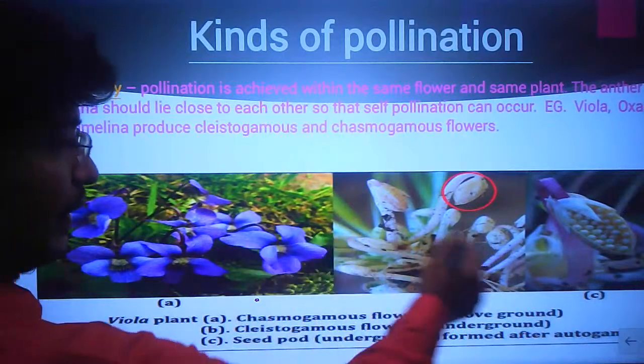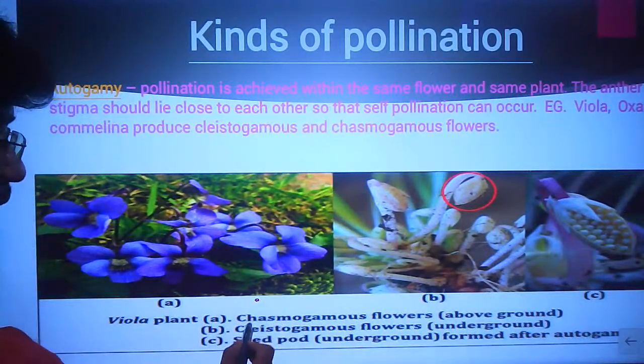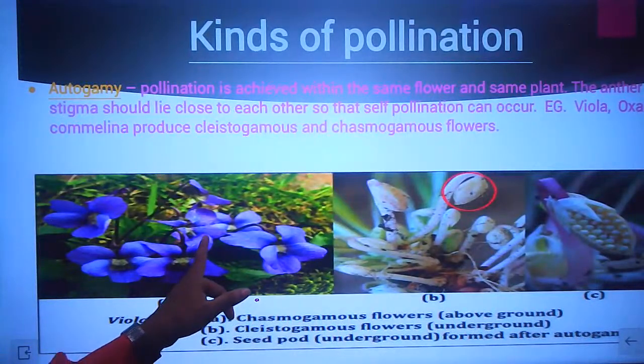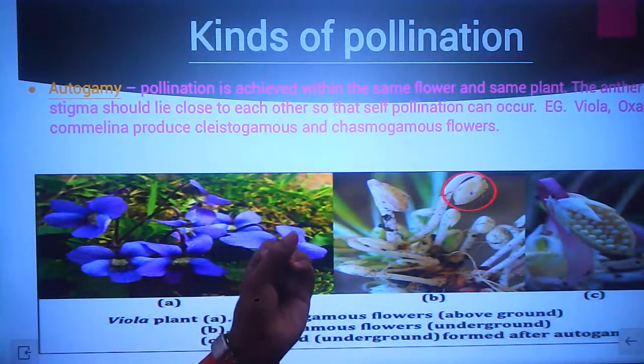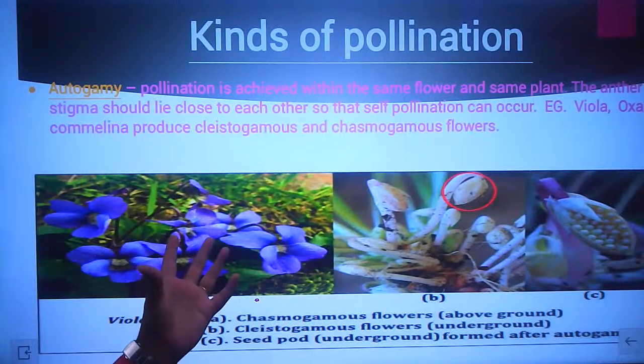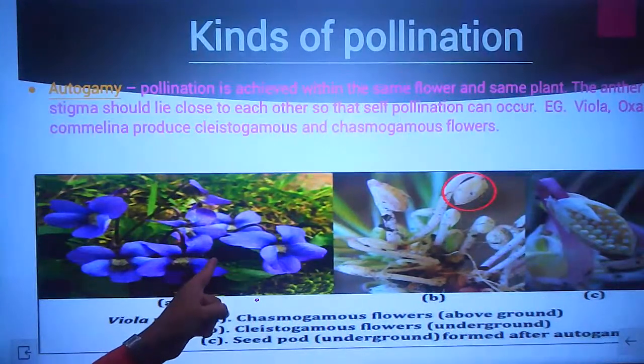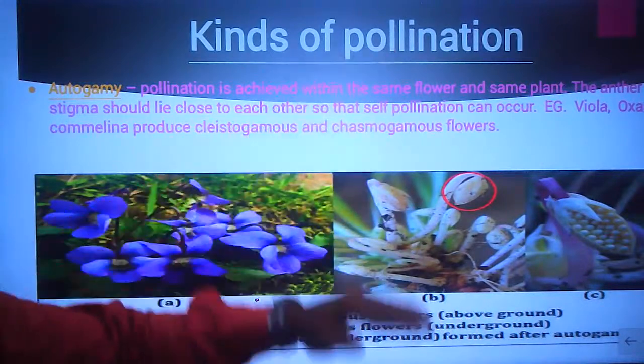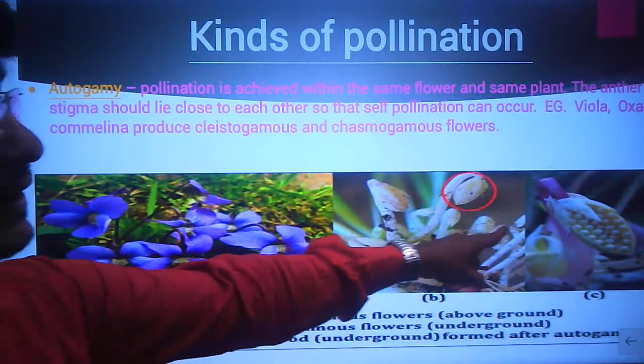In the image that you could see, the chasmogamous flower is the open flower. Open flower above the ground, you could see the flower starts blooming, right? It's open now. This is the chasmogamous flower, whereas the cleistogamous flower is an underground flower, where the flower is not blooming.